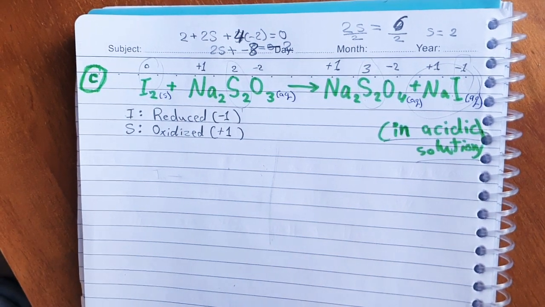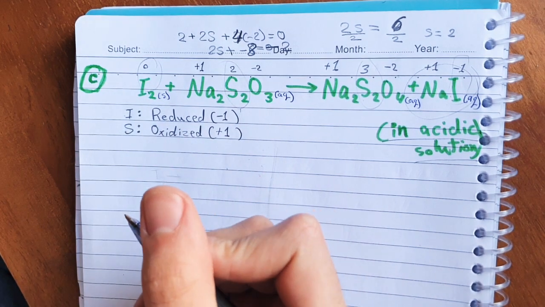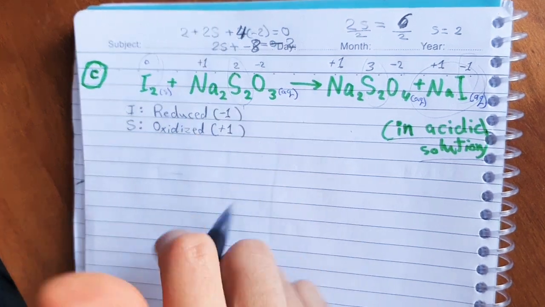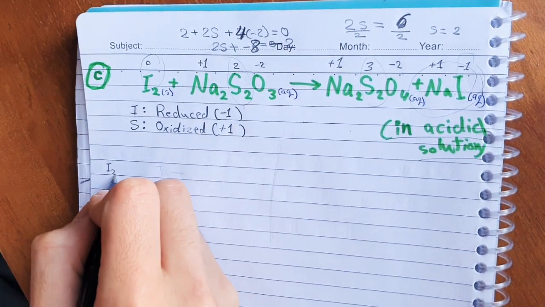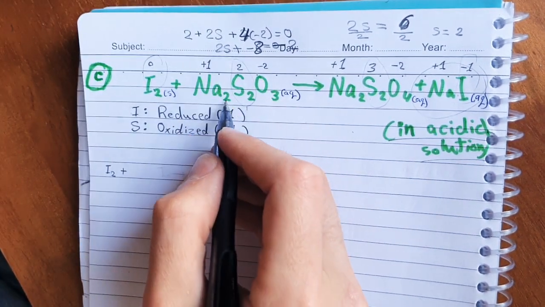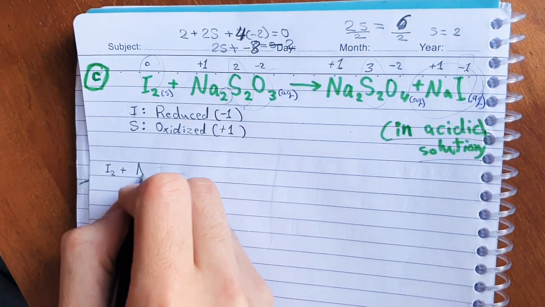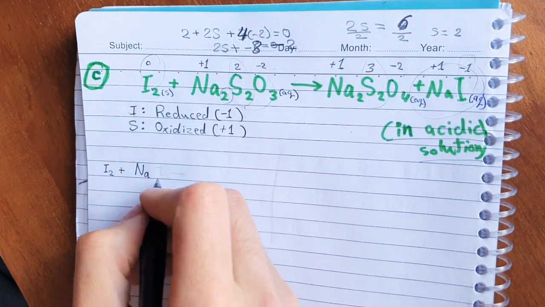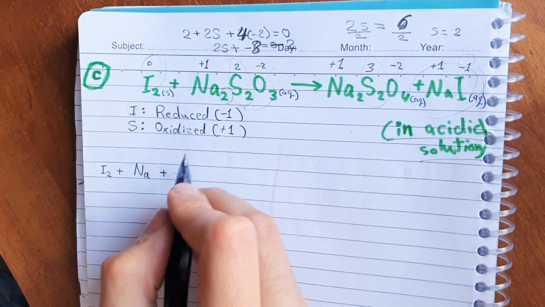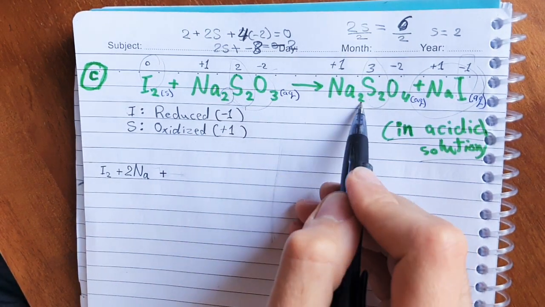So you start by saying this is a solid, it doesn't dissolve in water, so just I2 plus Na2S2O3. You know how this goes: the 2 goes there, the 1 goes there. You don't have to write the coefficients, and even if you do, they'll cancel out anyway.